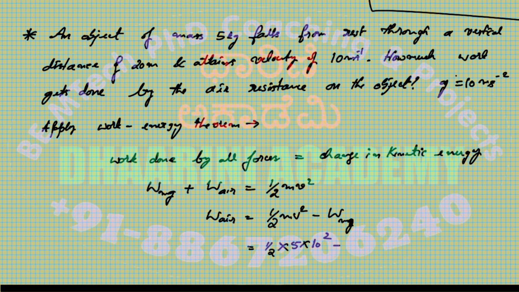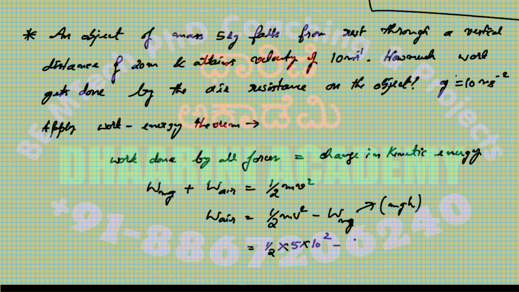Work done by an object which falls a vertical height of h is nothing but mgh, because work done is nothing but force into distance. What is the force? m into g. What is the distance? h. So it has to be mgh. Just remember this: m into g into h.